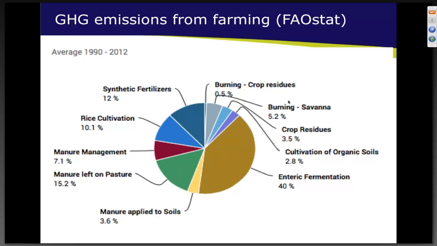What's probably not in these graphs, and which is very important as well for the farmer, is the energy embedded in the inputs, and notably fertilizers. Because fertilizers, especially nitrogen, cost an enormous amount of energy to produce. And in statistics, they're not part of the farming stage. In the climate statistics, the production of fertilizers is industry.